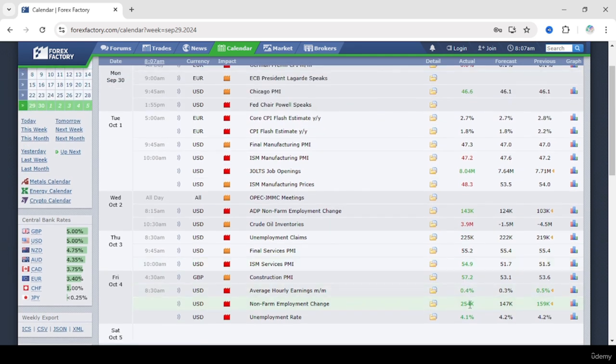We can see that the actual data says 254,000, the forecast 147k, and the previous was 159. Some people use this to estimate if we have had a rise or a decline in this data, but this is not so much needed. We don't need this data.